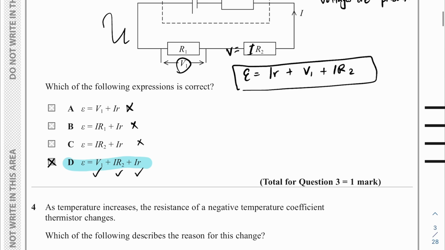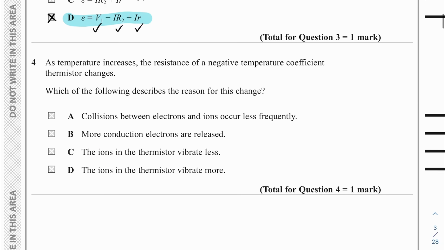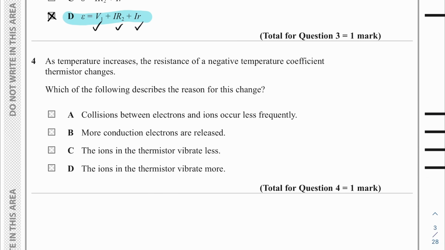Let's move on to question number 4. As temperature increases, the resistance of the negative temperature coefficient thermistor changes. Which of the following best describes the reason for this change? To answer this, we first need to remember what these thermistors are made out of.